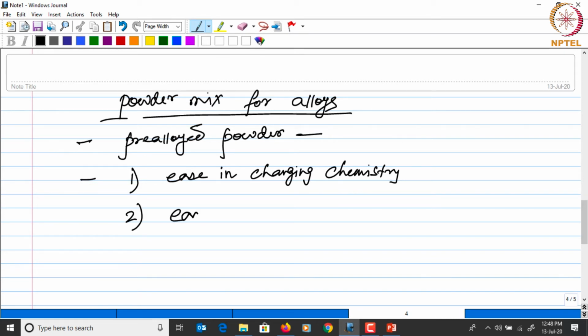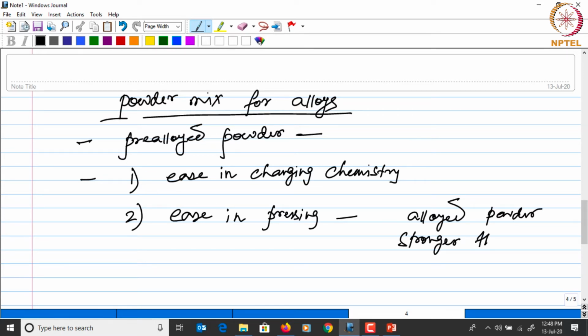It is also easy to press, because alloyed powders will obviously be stronger than the elemental powders or the pure metal, right?